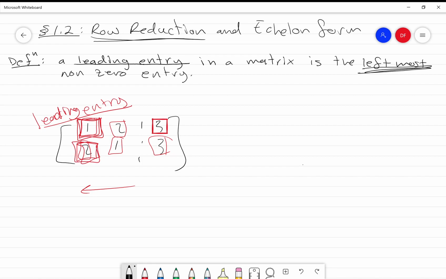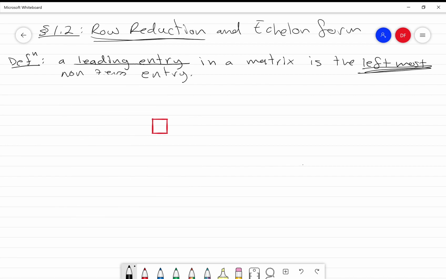But if I had the following matrix, then the leading entry in row 1 is 1.